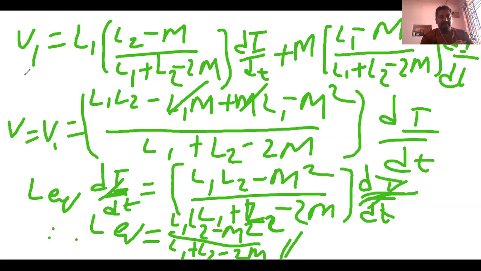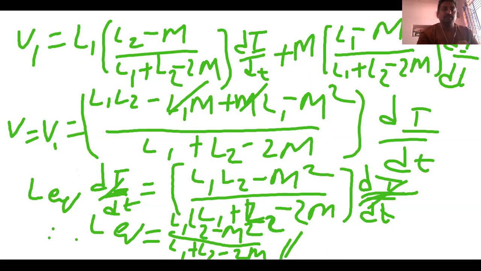We have not taken V2. So from this V1 is equal to V, we got this value, (L1 L2 minus M square) by (L1 plus L2 minus 2M) into di by dt. Therefore, V is equal to L equivalent into di by dt, di by dt gets cancelled. Therefore, L equivalent is (L1 L2 minus M square) by (L1 plus L2 minus 2M). So this is the value.